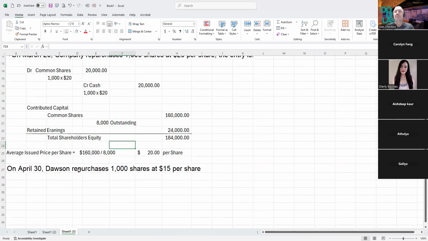Okay, so now let's repurchase those 1,000 shares, but this time for $15 per share. First, what are we purchasing back? Common shares, correct? We're repurchasing common shares. How many shares are we repurchasing? 1,000.